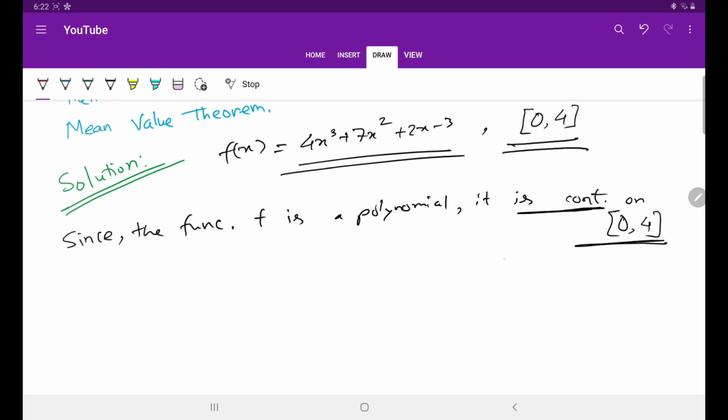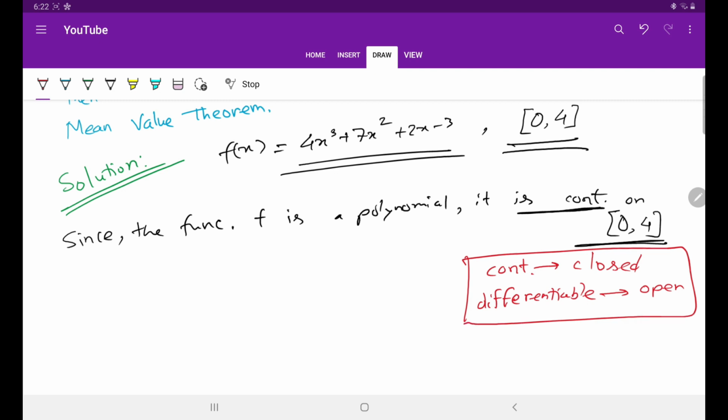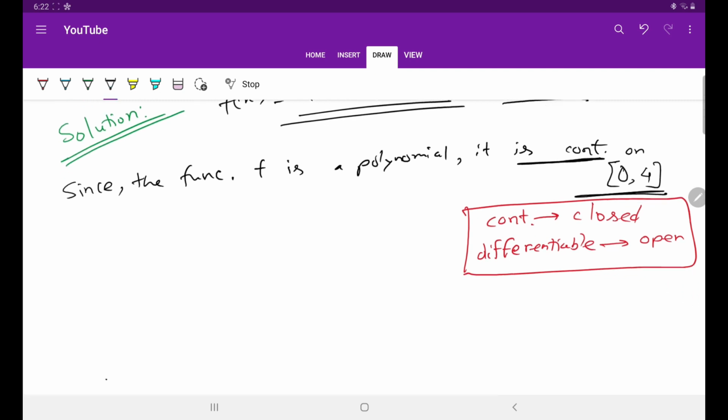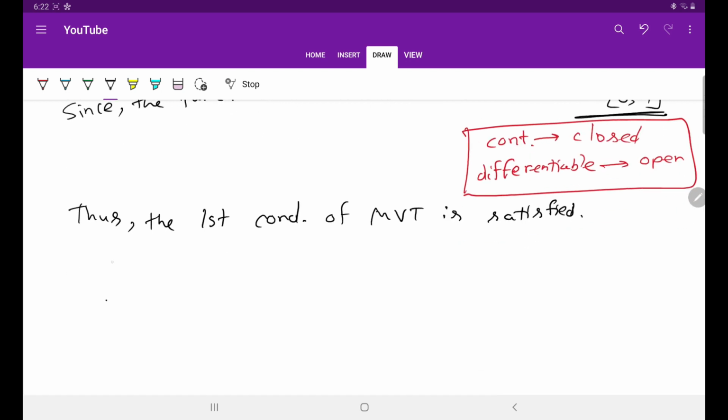For continuity, closed. And for differentiability, this one is an open interval. Remember that, be very careful about that. So thus we can say that the first condition of MVT is satisfied.